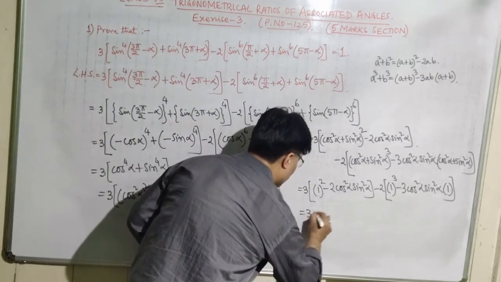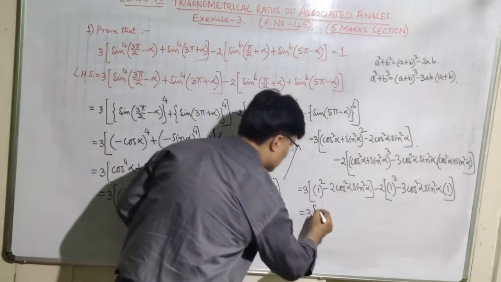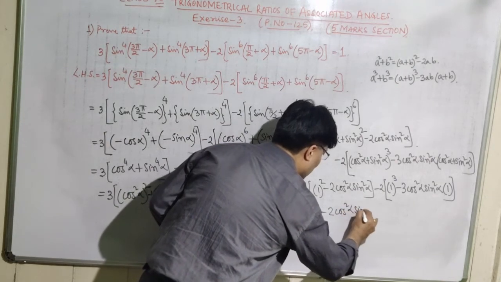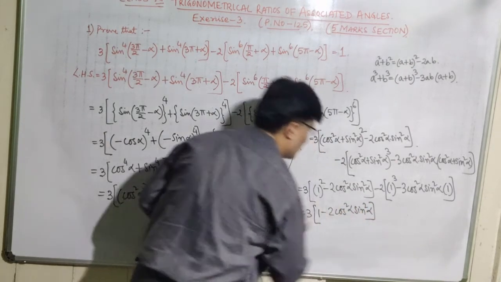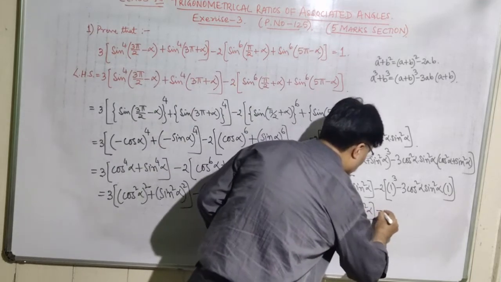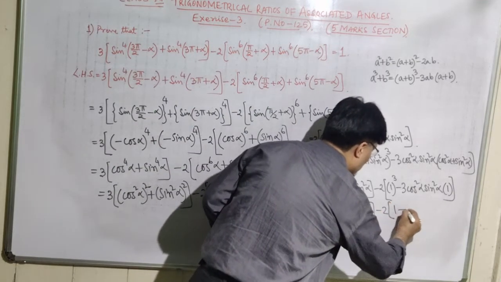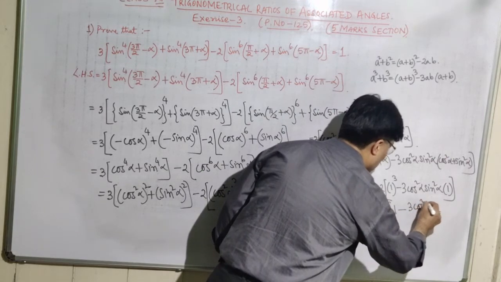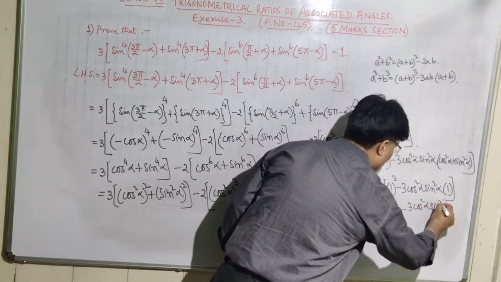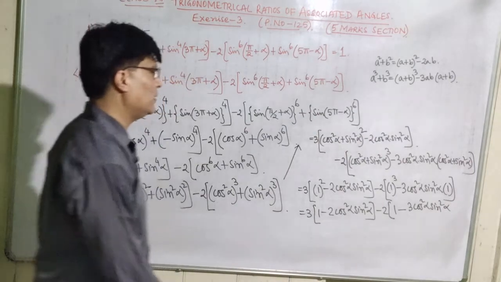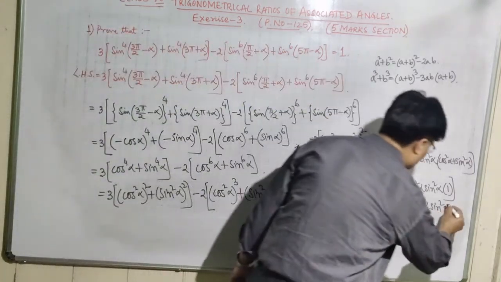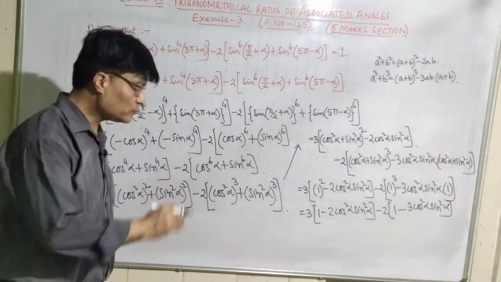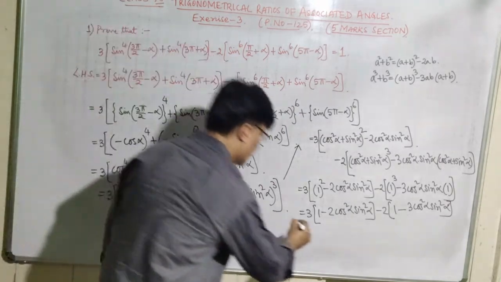So which is equal to 3 within third bracket. This is 1 minus 2 cos square alpha sin square alpha, right? Minus 2 within the 1 whole cube is 1 minus 3 ones are 3, cos square alpha and sin square alpha. So here also third bracket is closed. So let us open this third bracket.